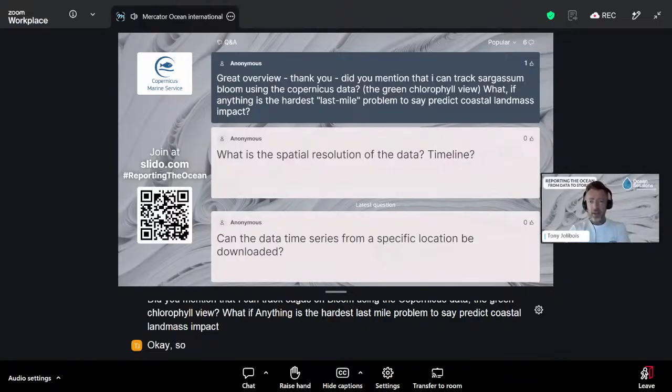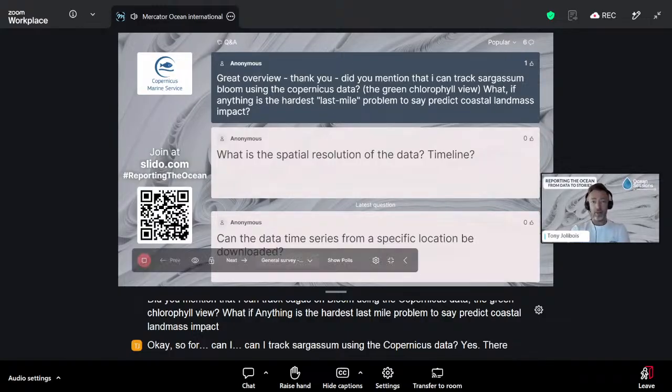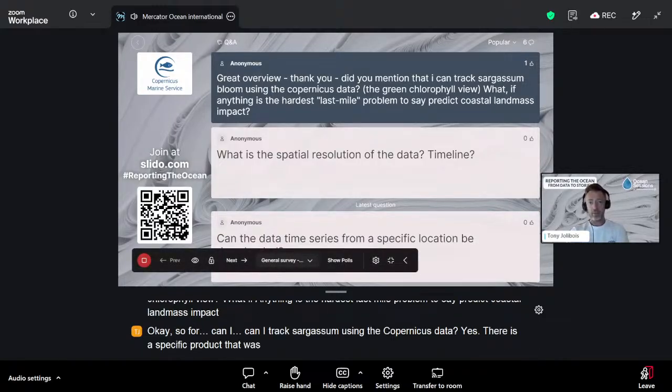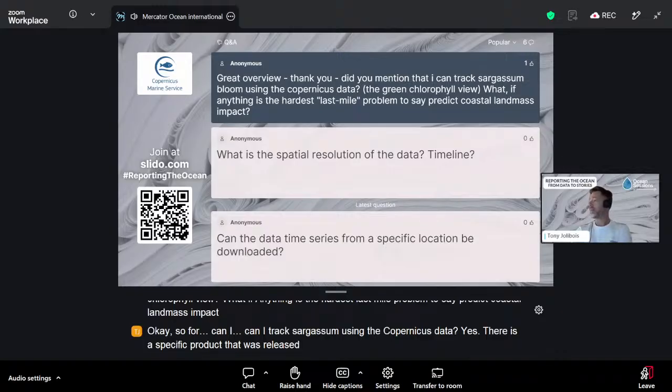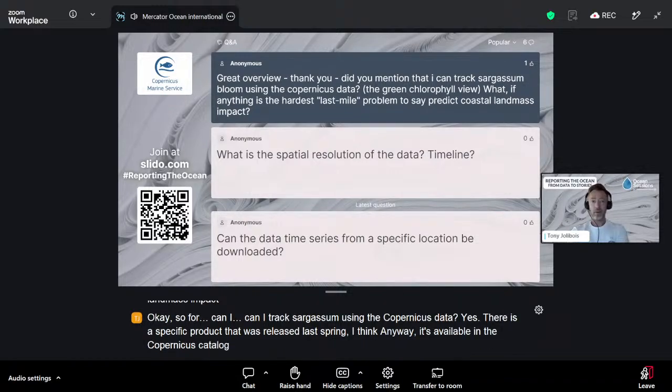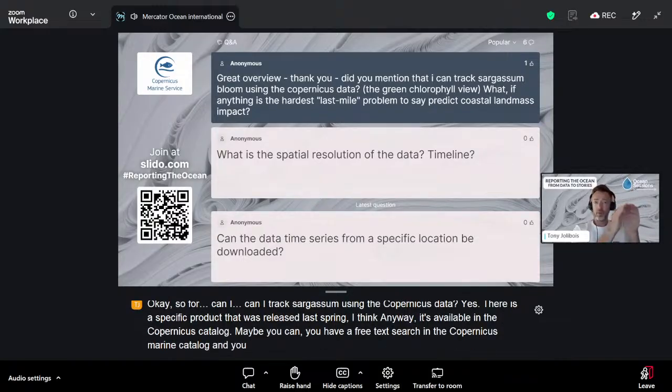Okay, so, can I track Sargassum using the Copernicus data? Yes, there is a specific product that was released last spring, I think. Anyway, it's available in the Copernicus catalog. You have a free text search in the Copernicus Marine catalog, and you enter Sargassum, and the product will appear.